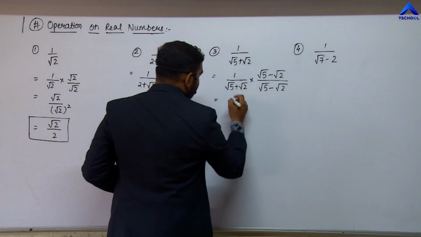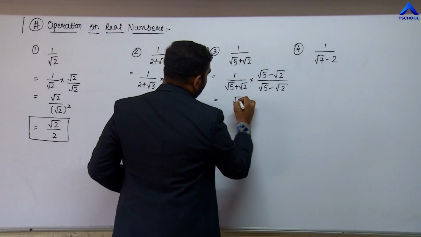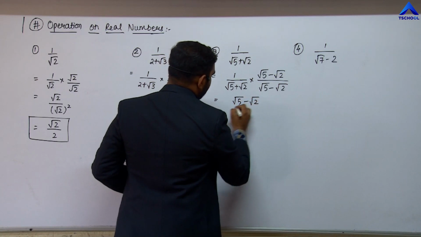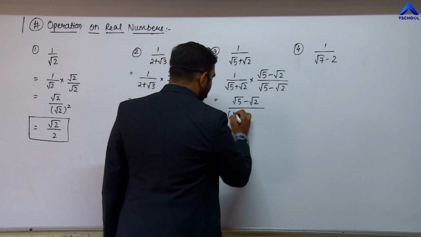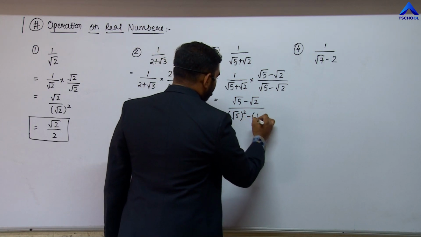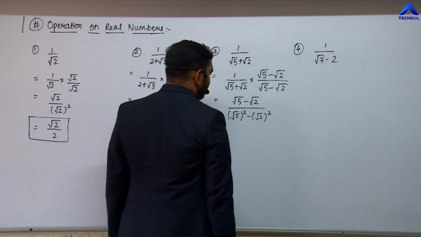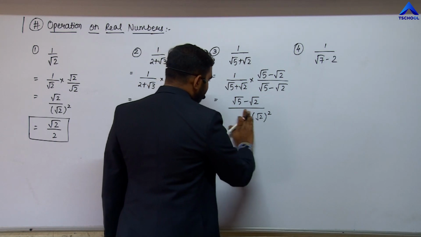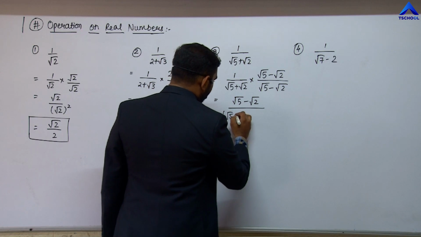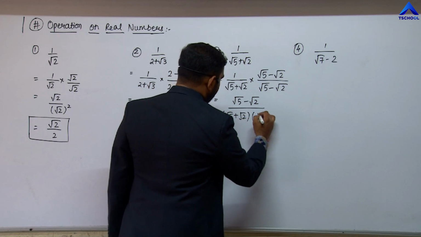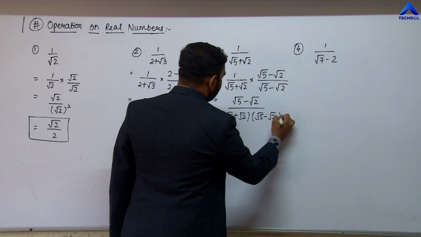So that is equal to 1 into the numerator, that is root 5 minus root 2, upon, again you are having the third result here, that is root 5 square minus root 2 square. Or if you don't understand it, simply write down one more step here, that is root 5 plus root 2 into root 5 minus root 2.